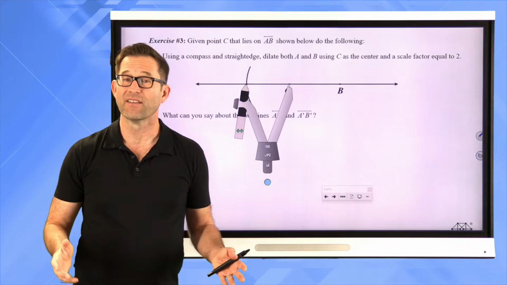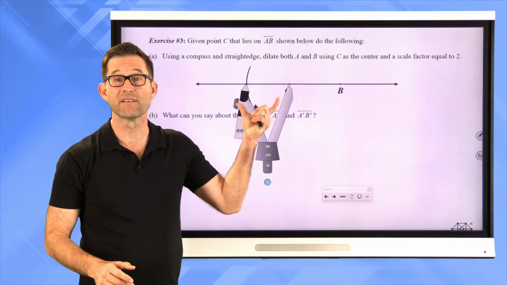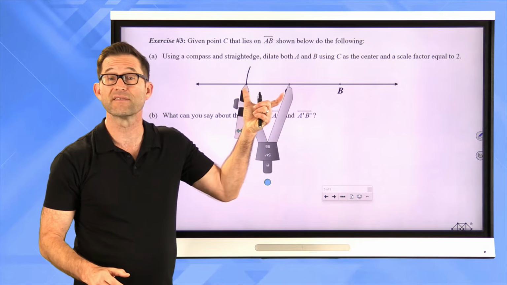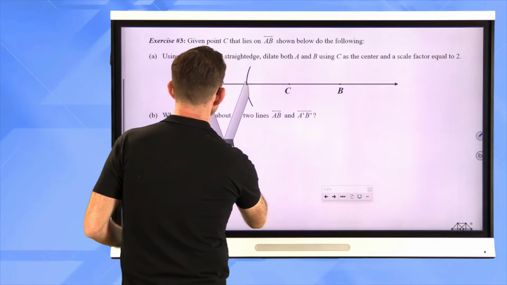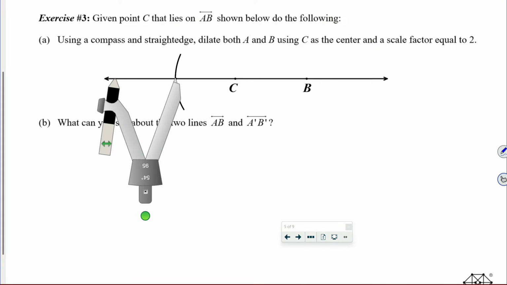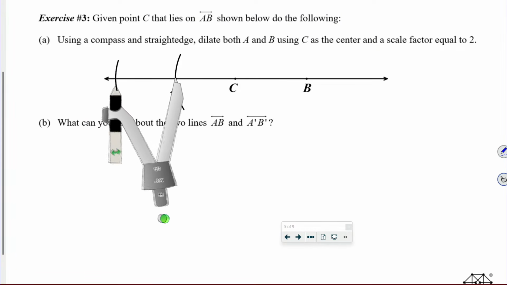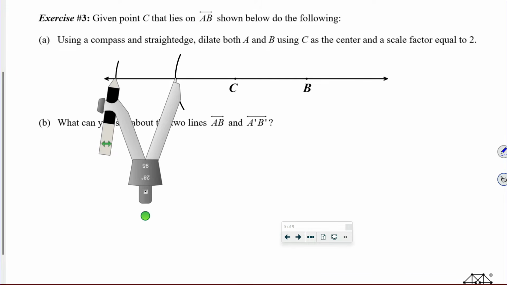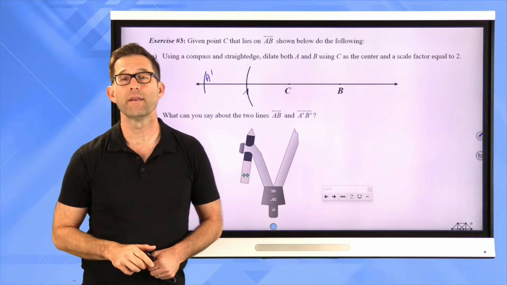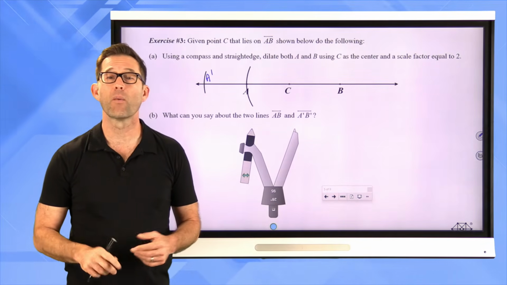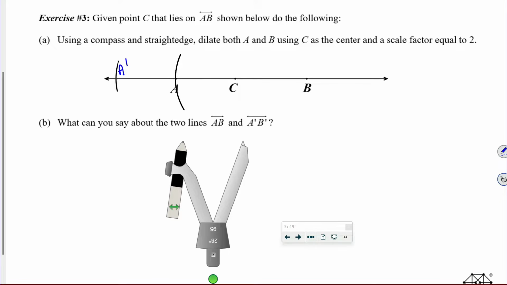That's the distance that A is away from C. If I want A to be twice as far away, I can just move my compass over here, and now A prime is twice as far away. You go ahead and pause the video now and figure out where B prime lies.